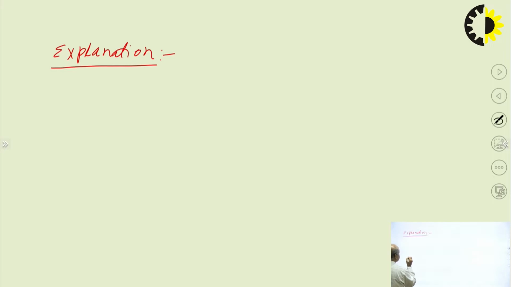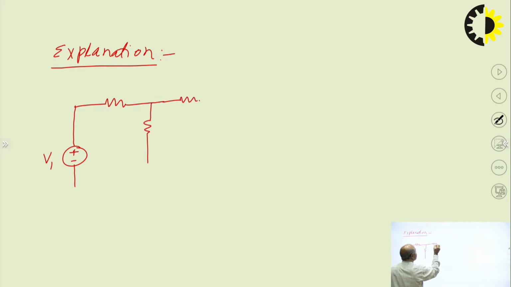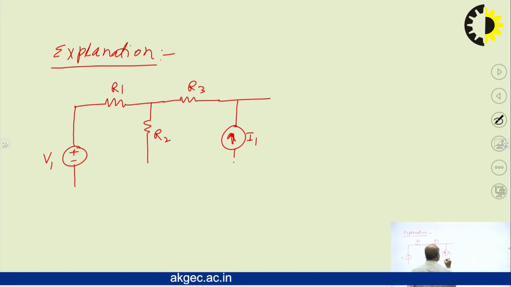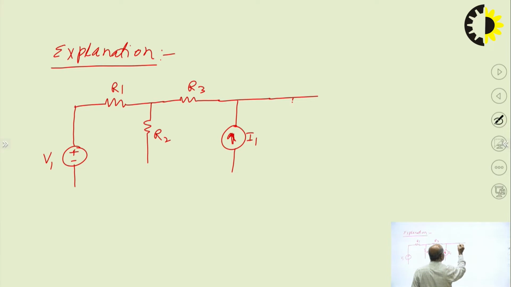Suppose we have a voltage source here, V1, connected with so many elements in the circuit, R1, R2, R3, and then a current source here with value I1, and again a resistance here, R4, and here is our load.